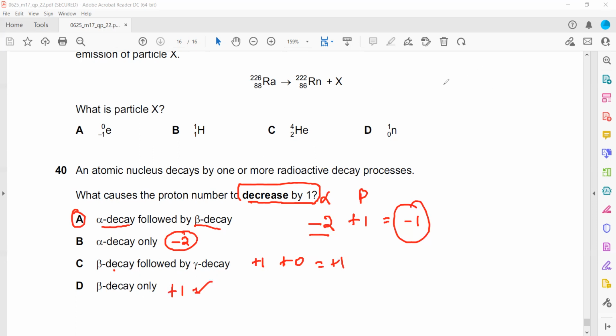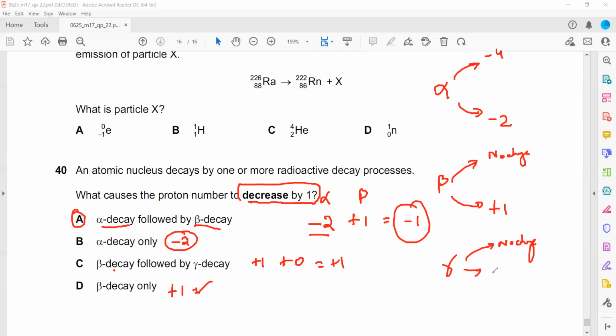So always remember, when there's an alpha decay, nucleon number decreases by 4 and atomic number or proton number decreases by 2. If it's a beta decay, nucleon number has no change, it remains the same, and atomic number or proton number increases by 1. And if it's gamma, then there is no change in nucleon number and no change in proton number.